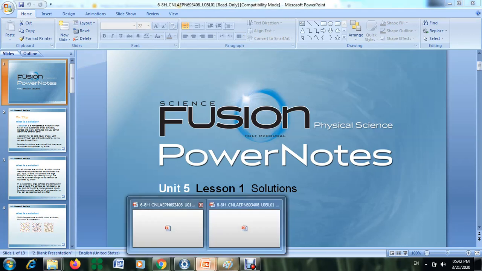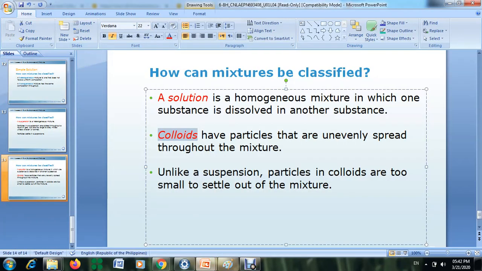So at the end, to summarize these points, mixtures are classified into two categories: homogeneous and heterogeneous. Colloids and suspensions are heterogeneous mixtures. Solution is a homogeneous mixture.